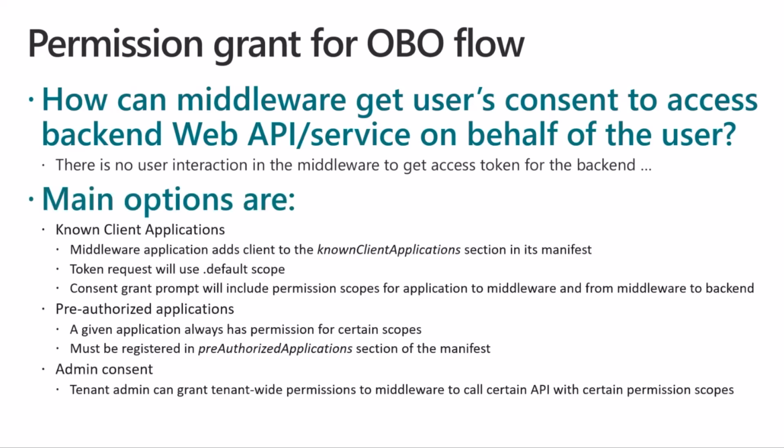As such, in order to have the grant of those permissions, we have three options. One is to configure a property in Azure Entra ID for your application, which is called known client applications, through which you declare the applications which will be allowed to do that with your application registered in Entra ID.